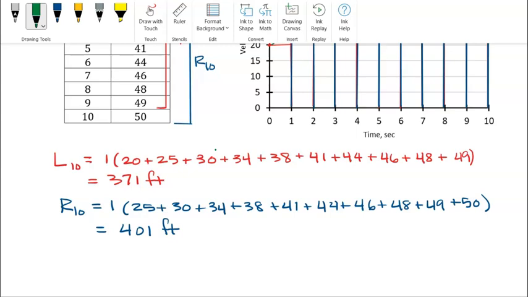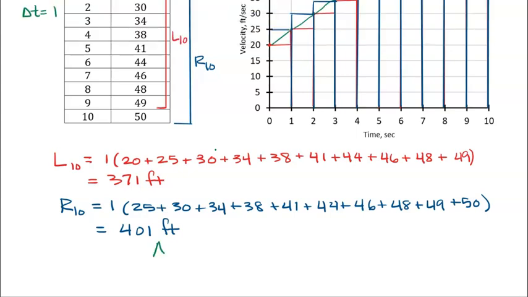So if I find the average of these two, I'm just going to take 371 plus 401 over 2, and I get an average of 386 feet. Okay, because I'm just averaging to get something that's in the middle.